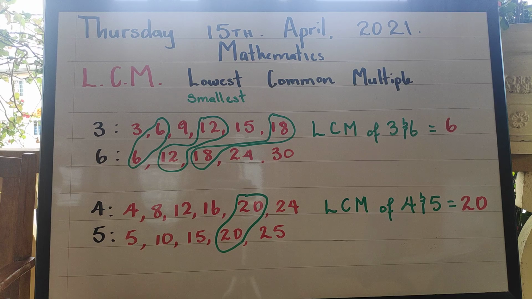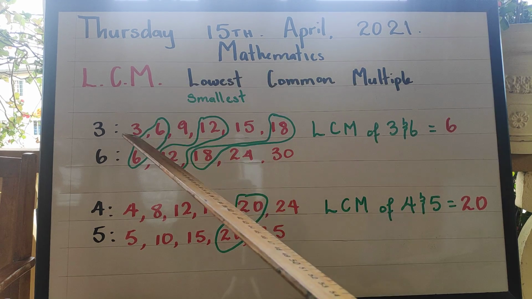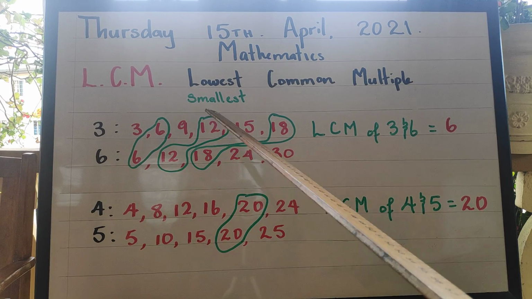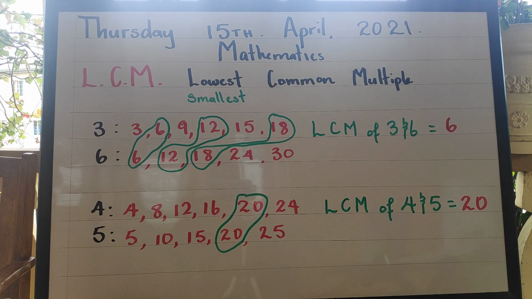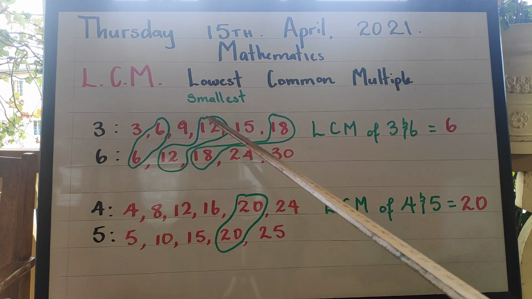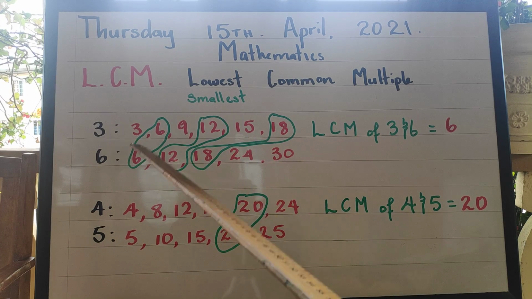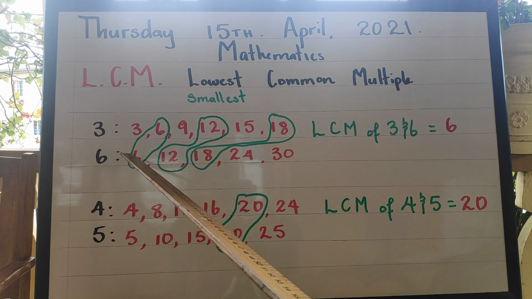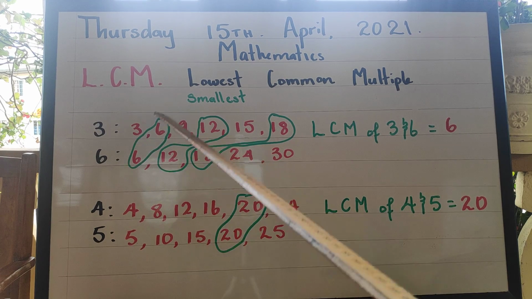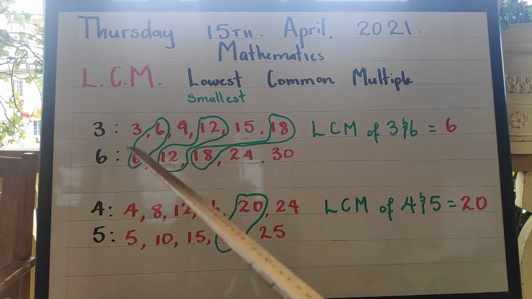When we are doing these problems, for example, you write the multiples of 3: 3, 6, 9, 12, 15, 18. And you start writing multiples of 6. You write 6, and you could stop there because you already have 6, so that's the lowest common multiple already.